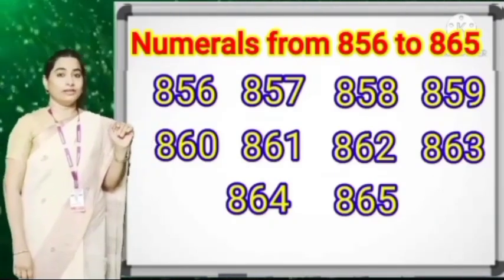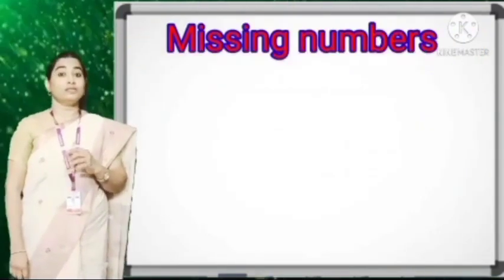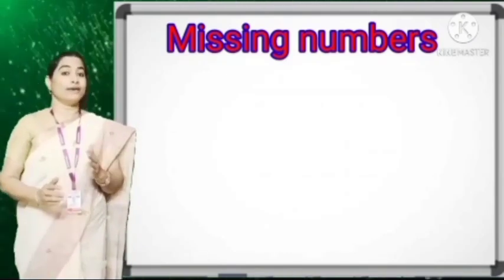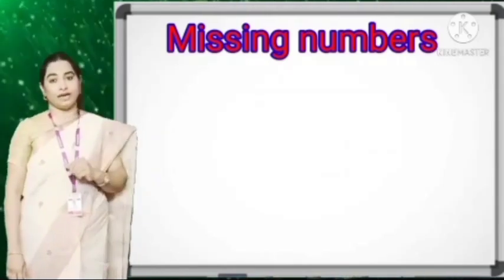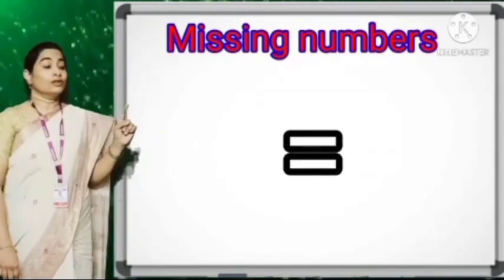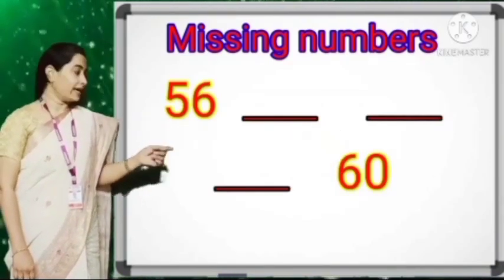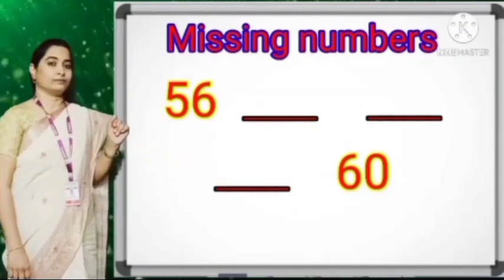So children, now we'll go to the next, that is missing numbers. So missing numbers, we need to find the next numbers and we should write it in the dash. Shall we start, children? 56 dash dash dash 60 is given.